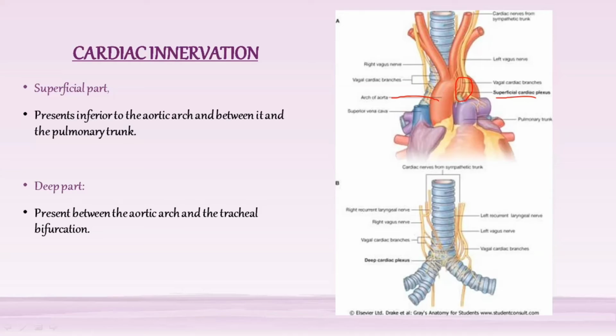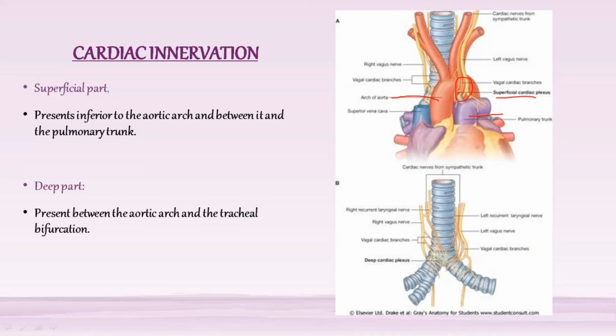So simply we can say that the superficial part is present below the arch of aorta, or we can say it is present between the arch of aorta and the pulmonary trunk. Both points are the same.